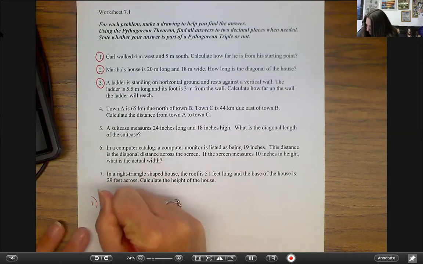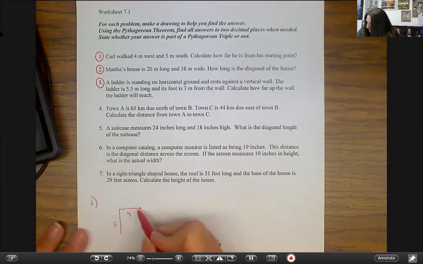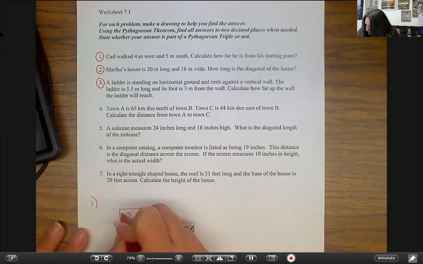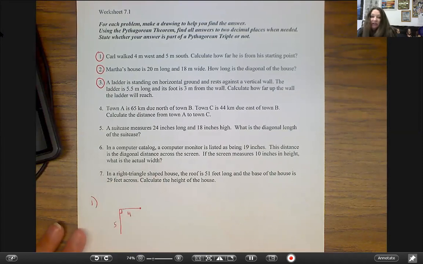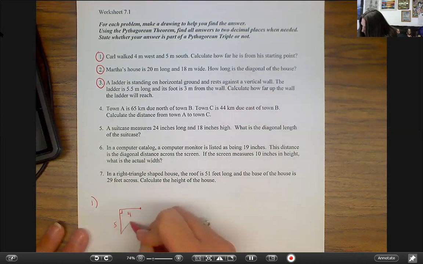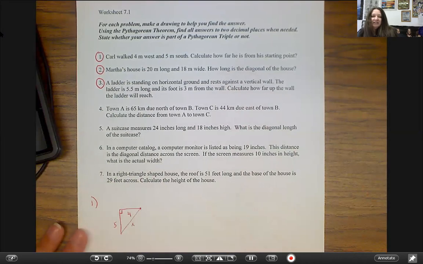Now we should recognize if we move perfectly west and then south, that is going to make a right angle. And we want to calculate how far he is from the actual starting point that I placed here. So that would make a right triangle for me, and I could label that as x.